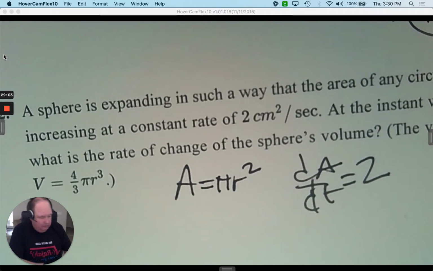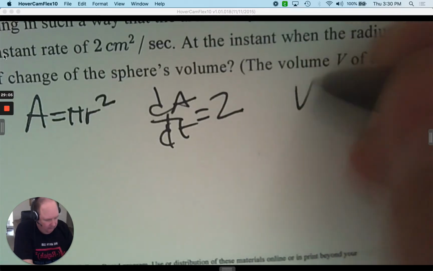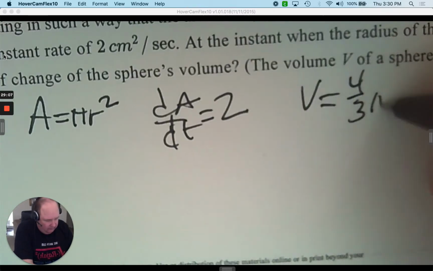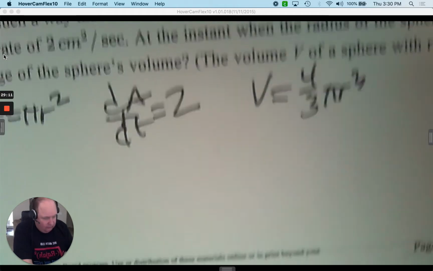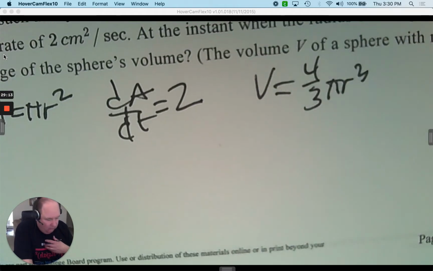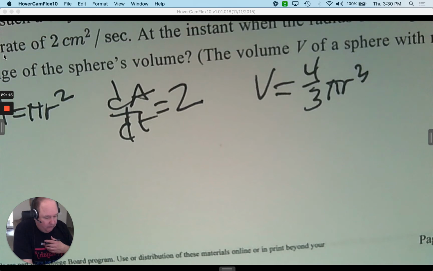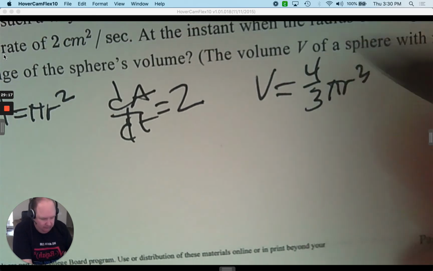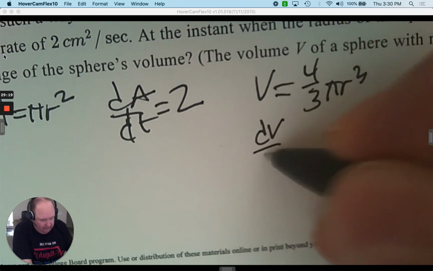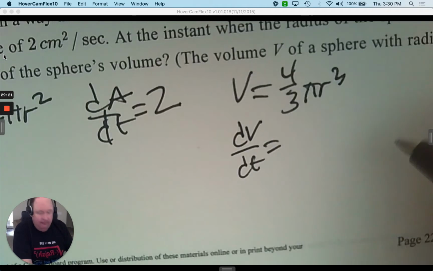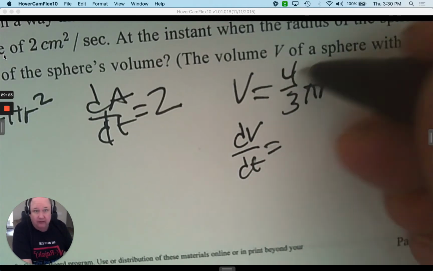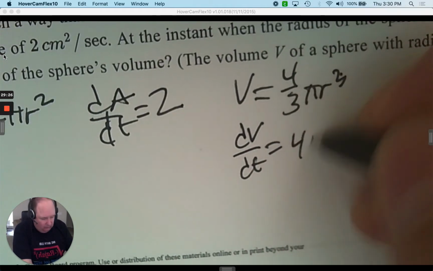The volume is 4/3 pi r cubed. And now I'm going to take the derivative of the volume. My goal is to find the rate of change of the sphere's volume, so that's dV/dt. That's my goal. The derivative: 3 times 4/3 is just 4.